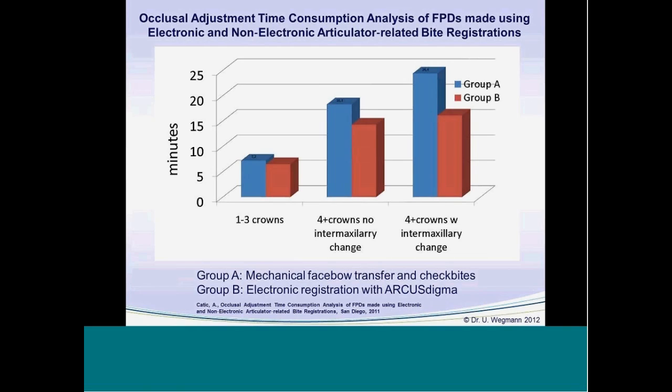Compared to it is the time consumption for group B with electronic registration with the Arcostigma. And you see, you can reduce the time you have to use for an occlusal adjustment. And of course, time is money.